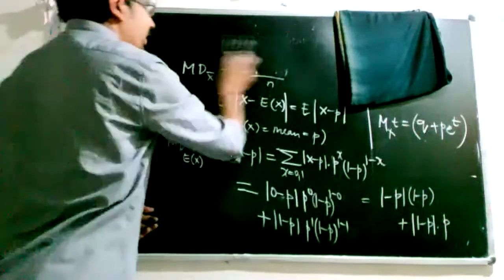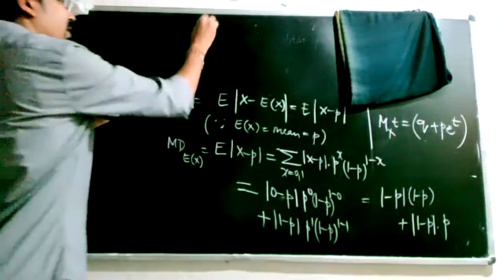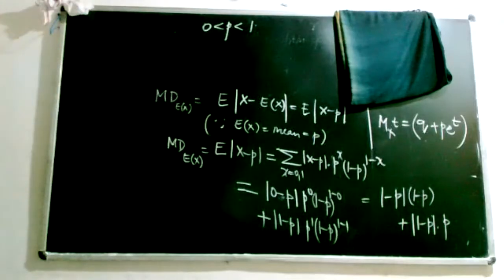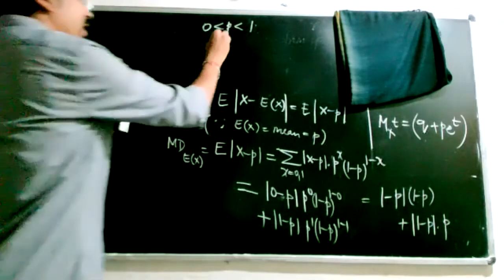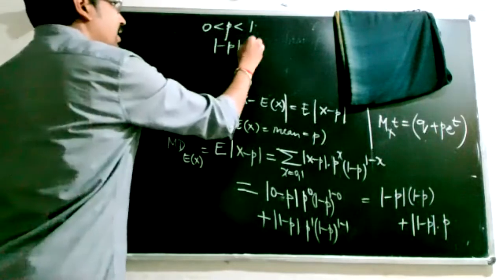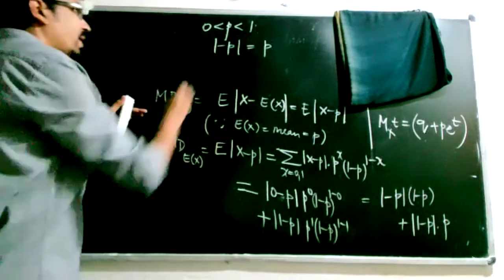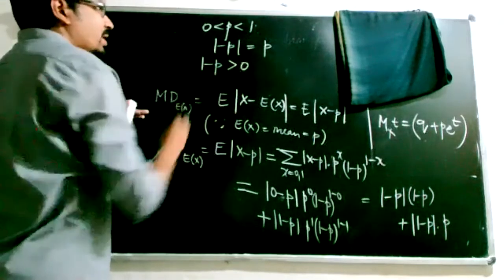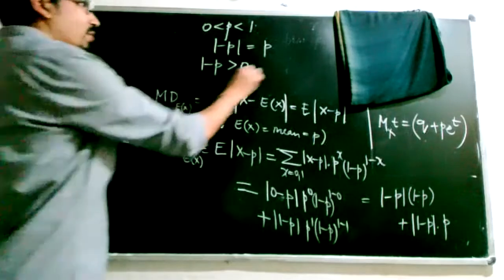I can further simplify that also. We have p as a positive real number. Your p always lies within 0 to 1. So any mod minus p automatically implies it is p itself. And also if you look into the value of 1 minus p, 1 minus p is also always greater than 0.